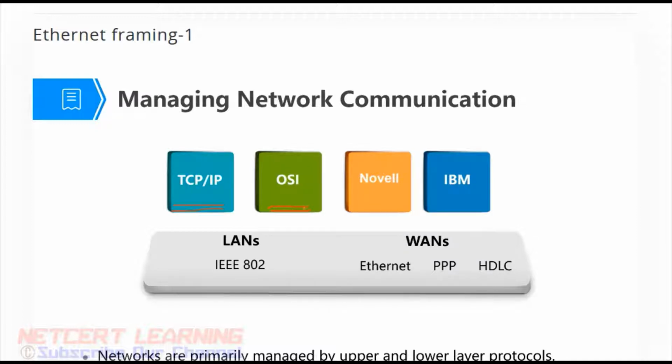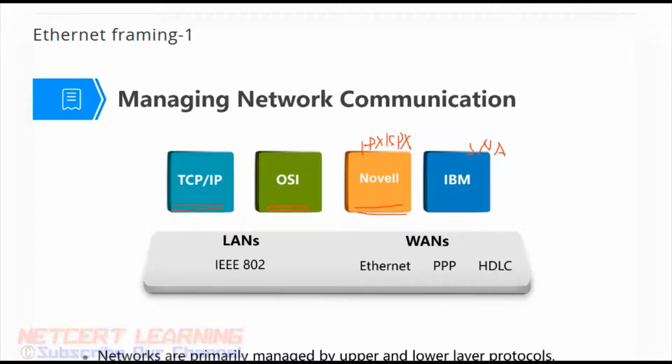Other companies also developed protocols, such as Novell, which developed IPX and SPX. About 20 years ago, this protocol was widely used in our LAN networks. And IBM also developed a network architecture called HCNA.